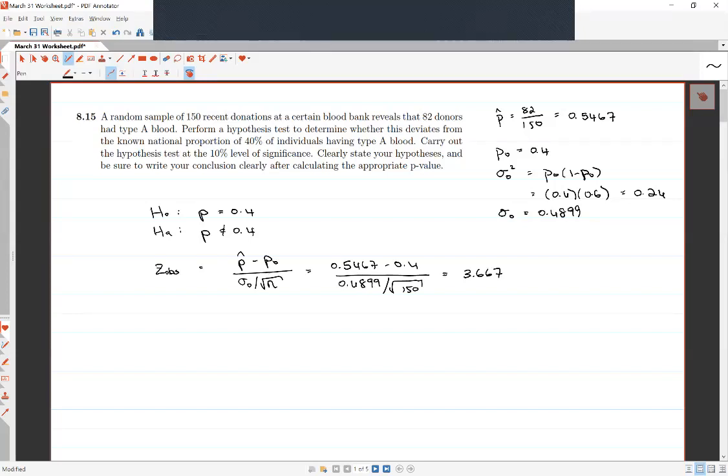Now, two-sided alternative means our p-value is given by both the area to the left of negative 3.667 and the area to the right of 3.667. And we can use the normal approximation here.